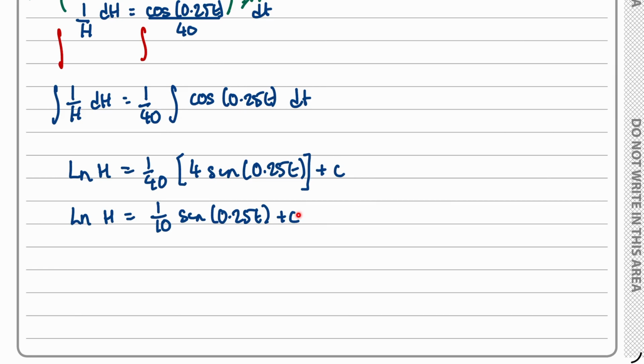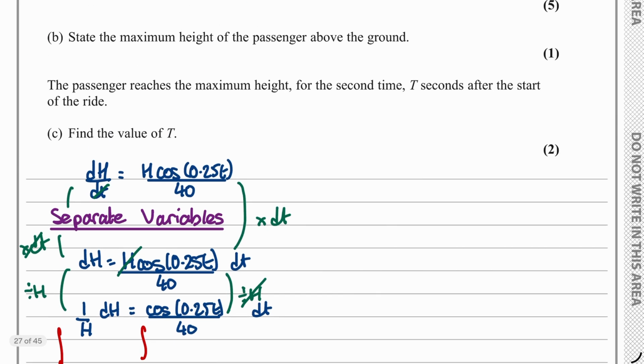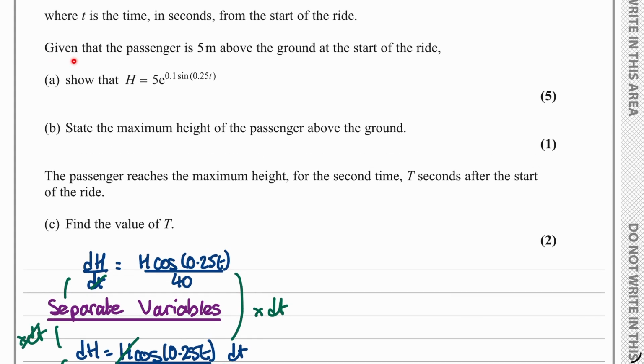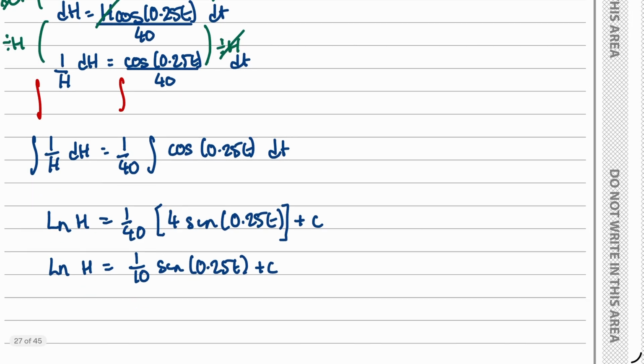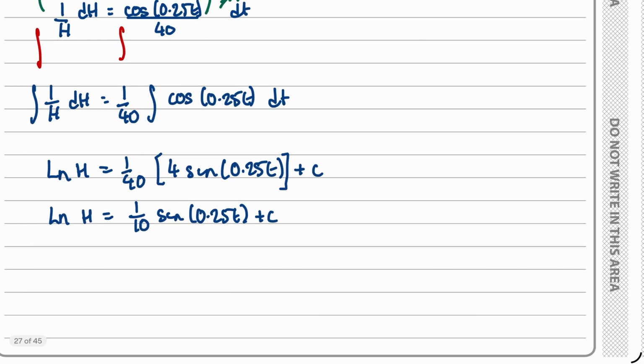Now we need to work out the value of the constant. If we go back to the question, we're given that the passenger is 5 meters above the ground at the start of a ride. So this tells us that when t equals 0, h is equal to 5.